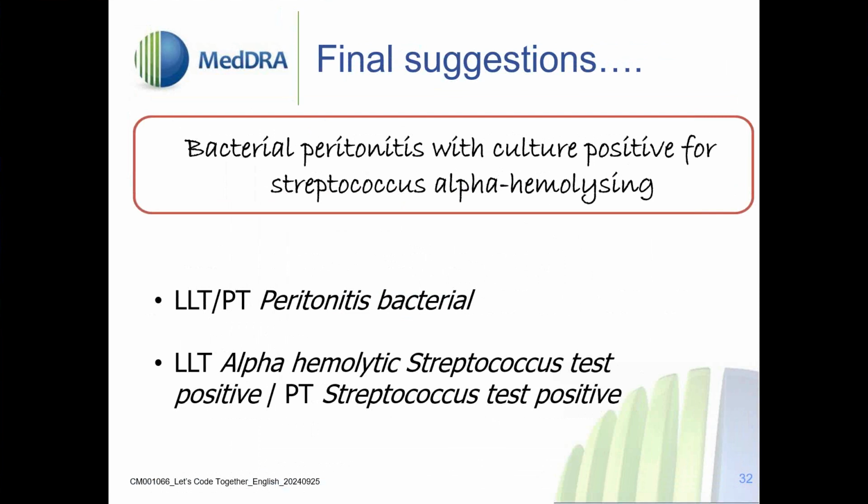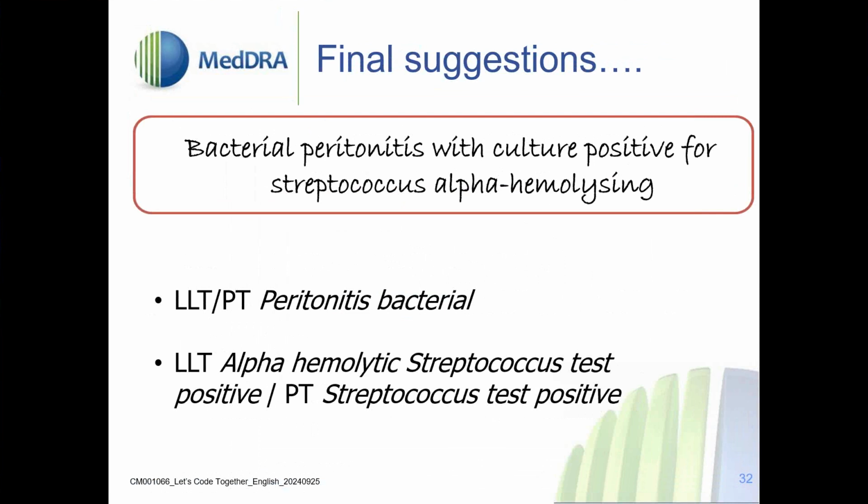Any questions, Jane? Yes, we do have a question. We have a comment that because peritonitis bacterial maps to the SOC of infections, and the second PT, it's better to code as reported. It's a test, streptococcus test positive, because the comment that came in just before you said that was, wouldn't it be better to code to the streptococcal infection rather than a test?